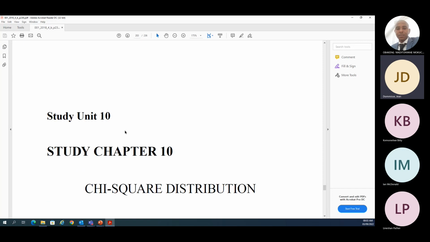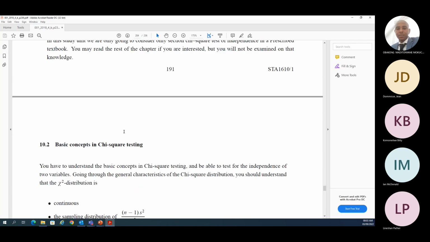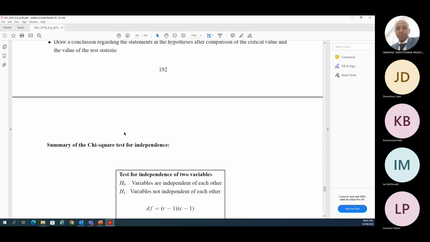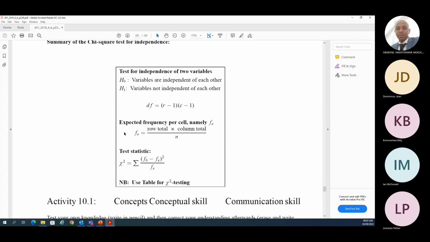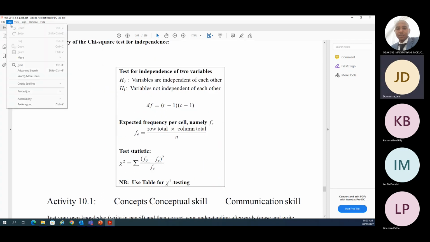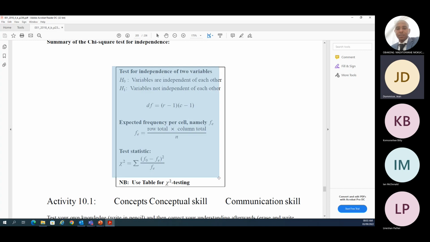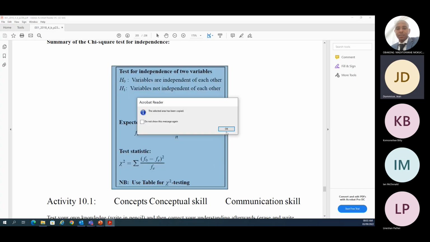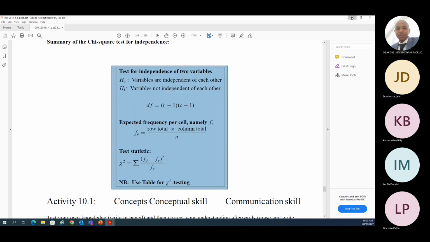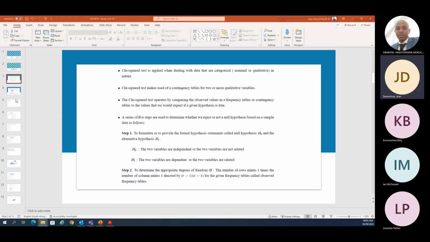So study unit 10, where was it here? So this is basically a nice summary of what you need to know for the exam.